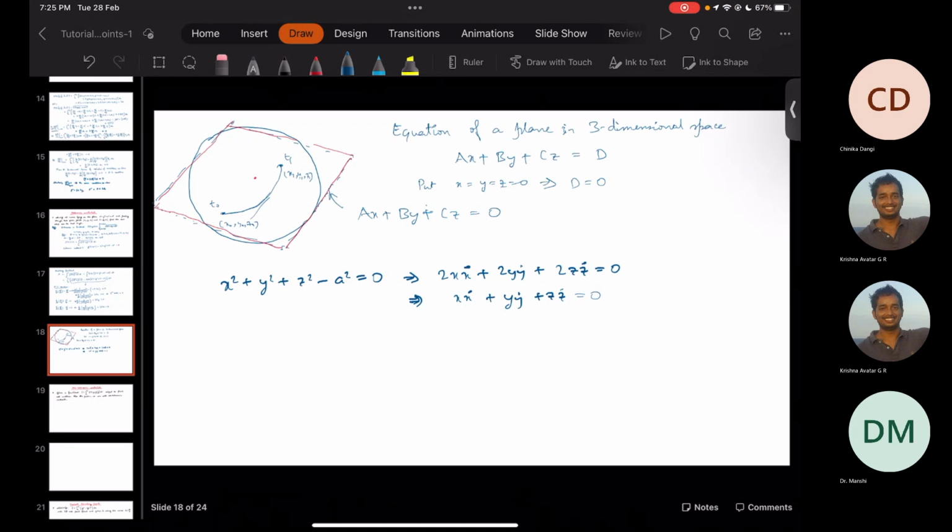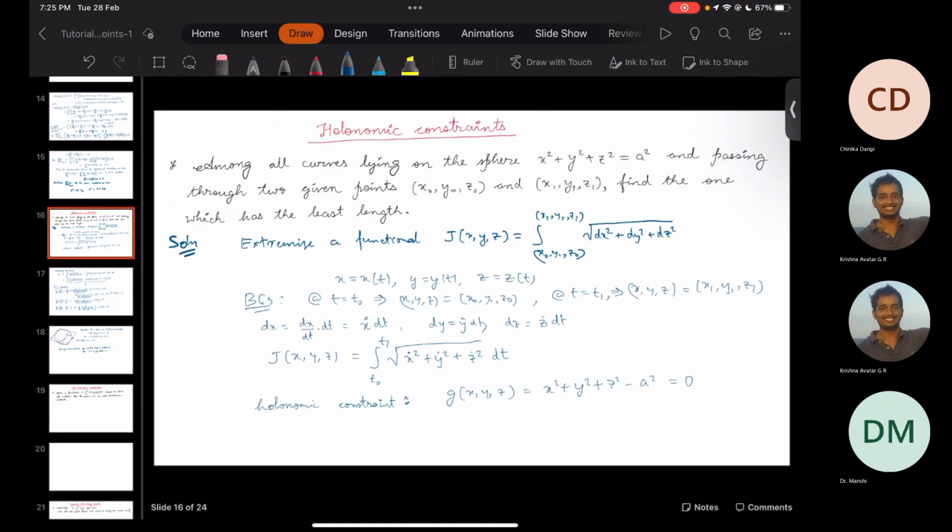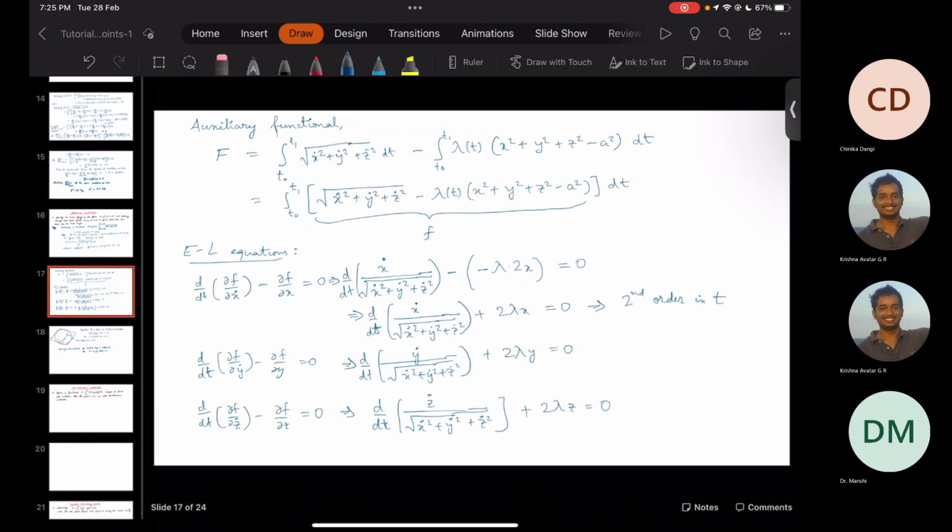Let me just give a short name. Let me call root over x dot square plus y dot square plus z dot square some function, say h. So h is equal to 1 by root over x dot square plus y dot square plus z dot square.